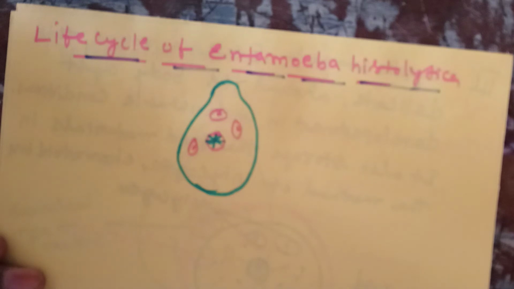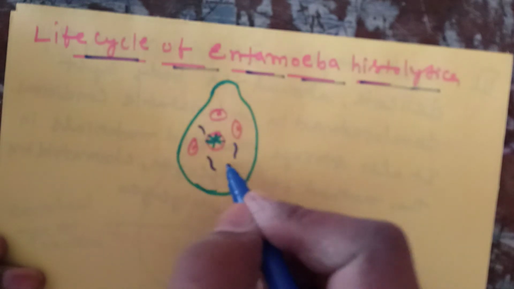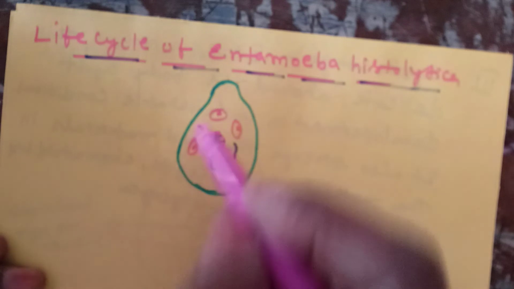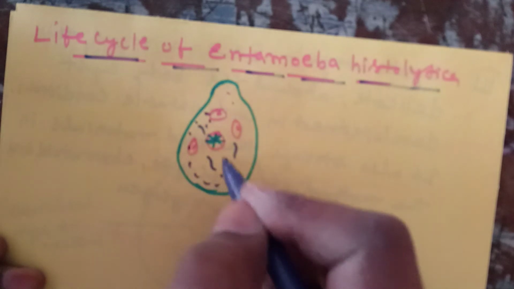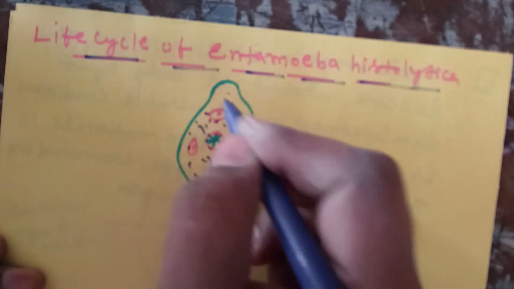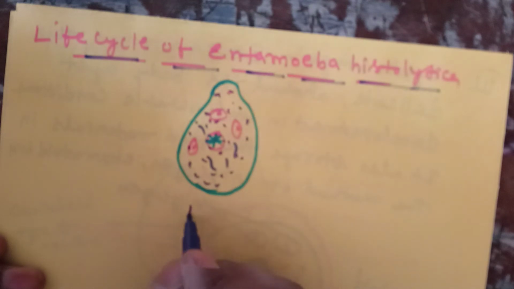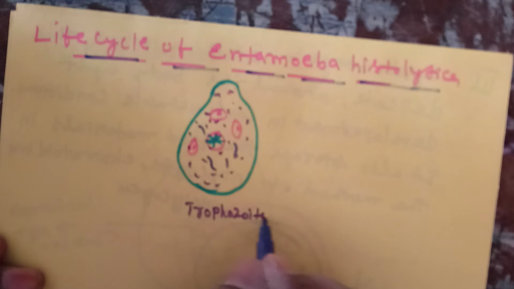And bacteria are present here. And this is the cytoplasm, which has ectoplasm and endoplasm. This is called the trophozoite form.